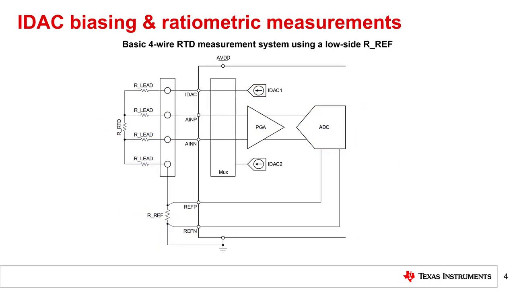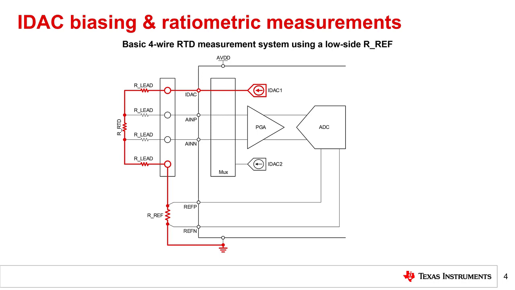This figure is the same 4-wire RTD measurement circuit shown on the previous slide, though the input filtering circuitry has been removed for simplicity. Let's apply constant current source, IDAC1, to the ADC and see how the circuit behaves. The red current from IDAC1 flows out of the IDAC pin, passes through the top lead resistance, the RTD, the bottom lead resistance, and then continues on through RREF to ground.